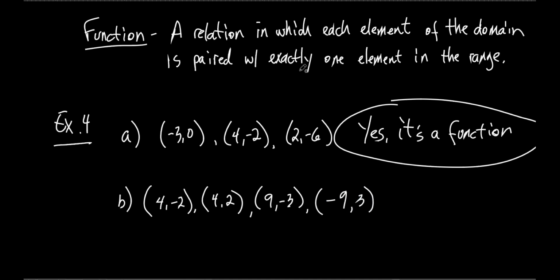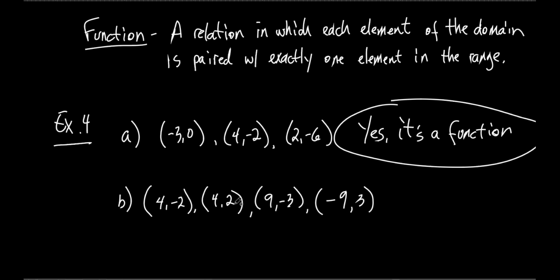All right, let's take a look at this. Let's look at the definition one more time. A function is a relation in which each element of the domain, so each x, is paired with exactly one element in the range. Each x has its own unique y associated with it. So let's take a look at this. This 4 relates to -2. This 4 relates to 2.